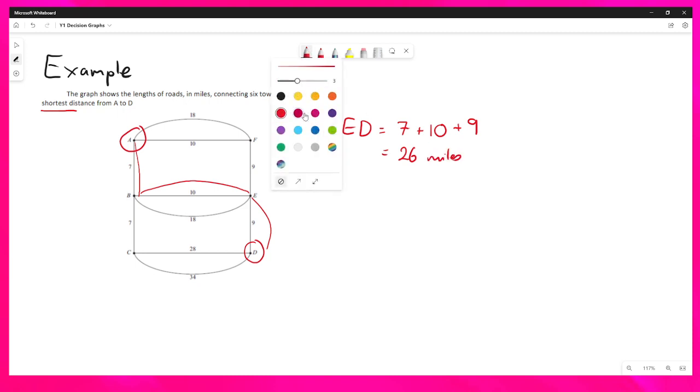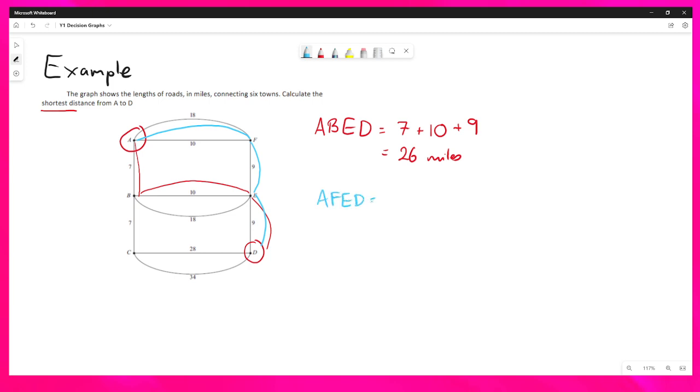But we might not have picked the shortest route so far. We can choose a different route. We could go A to F, then F to E, then E to D, for instance. And we'd get 10 plus 9 plus 9, which is 28 miles.